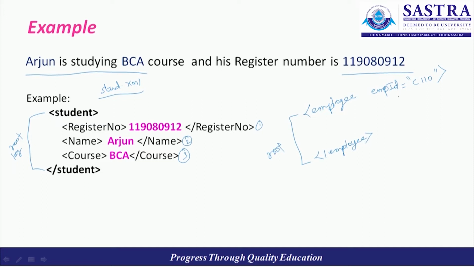Employee is working for a company and his employee ID is C110 and he is working as assistant manager. So, I can create designation as a child. Here I am giving ASST.manager. It is also allowed.